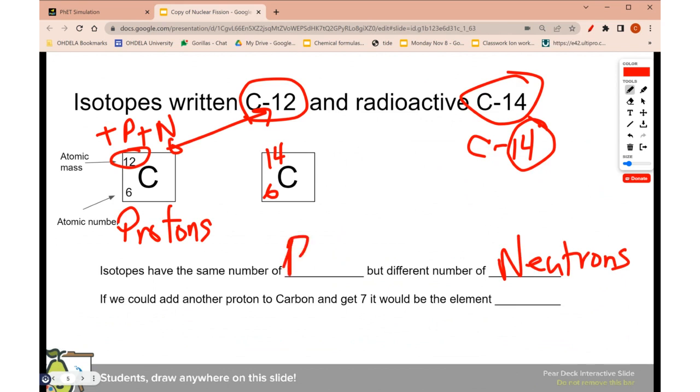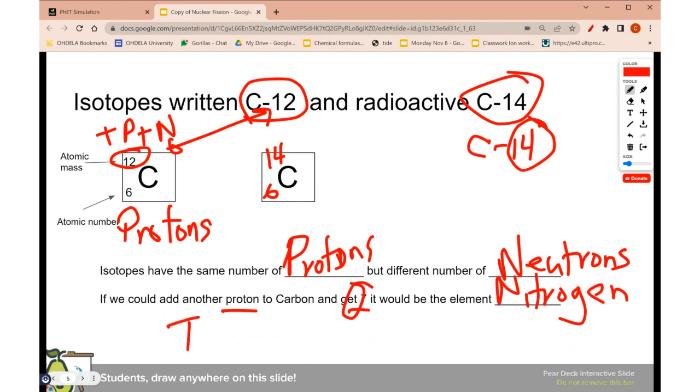The protons are the same. If you add another proton to a carbon to make it go up to 7, that would be nitrogen. So remember we said before that the protons are the identification, they tell what the element is.